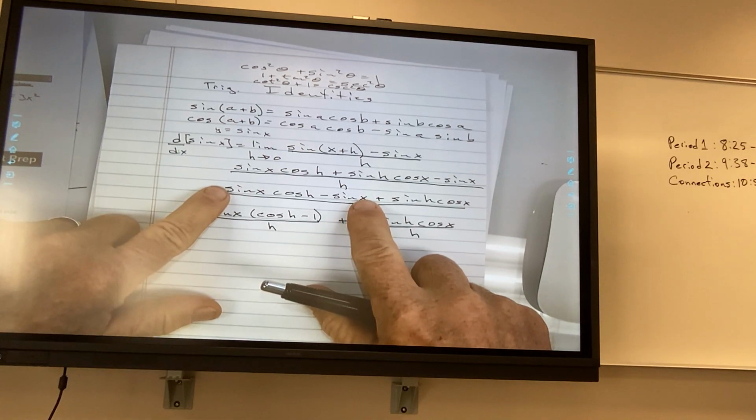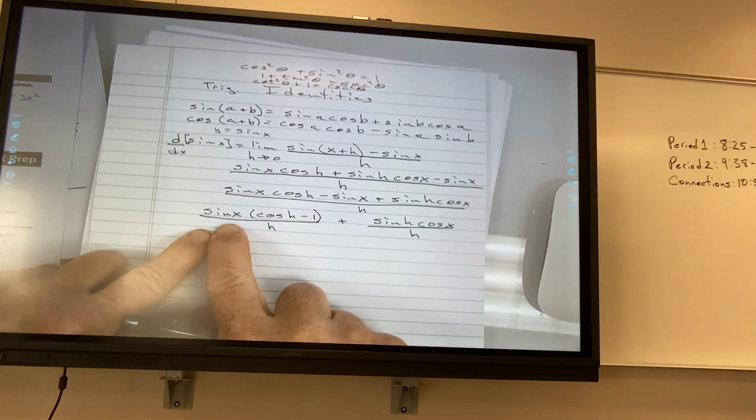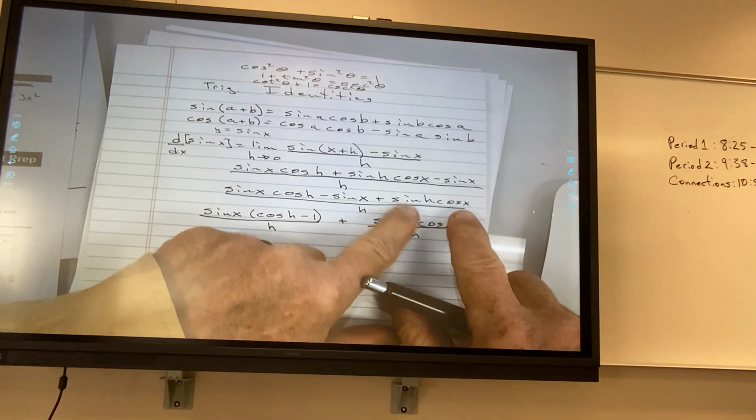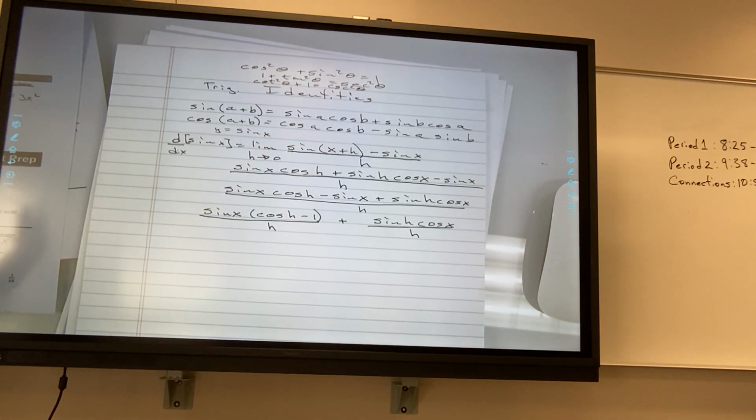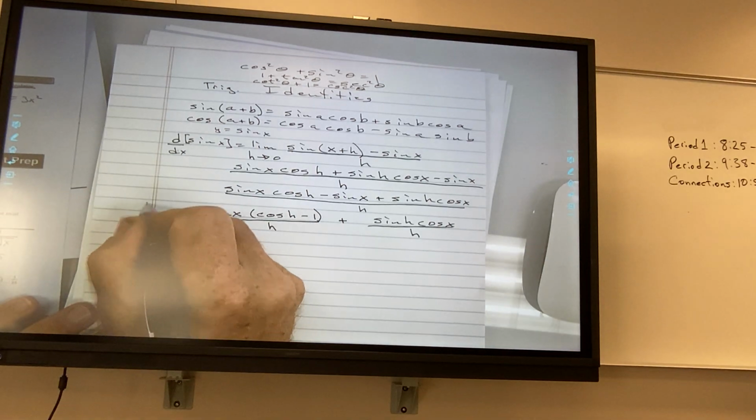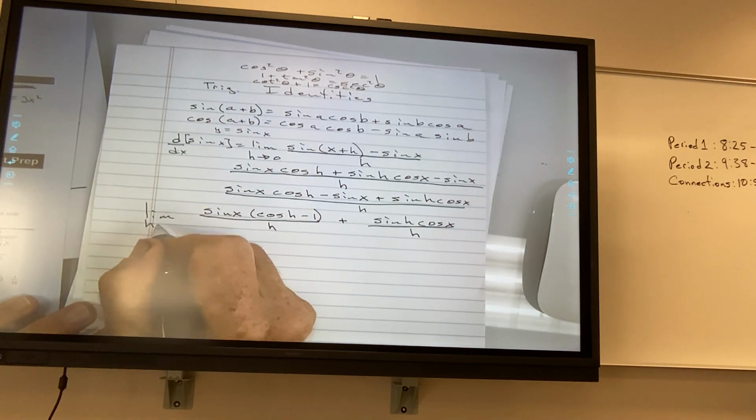I put these two together over here and factor out a sine, and I took this one and put it over h. Everybody got that? Okay. And I'm going to take the limit now as h goes to 0.